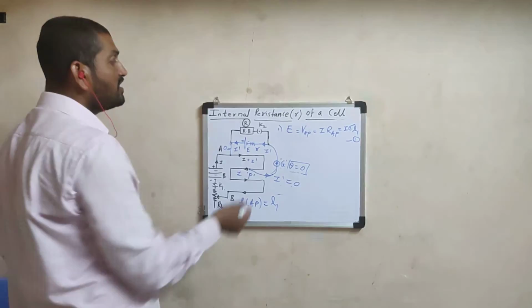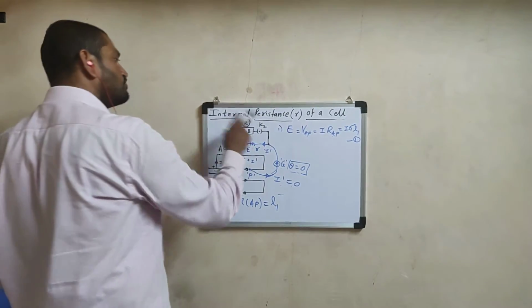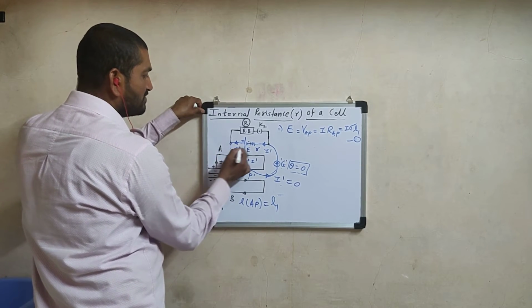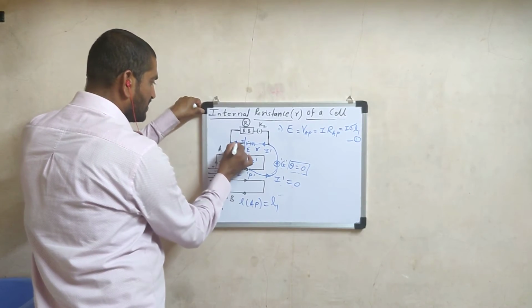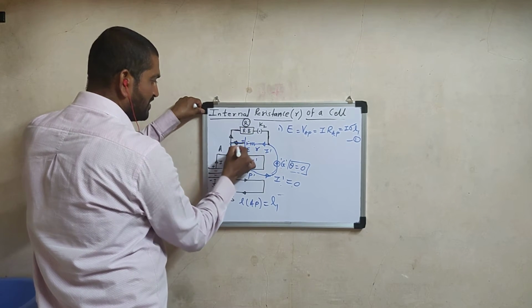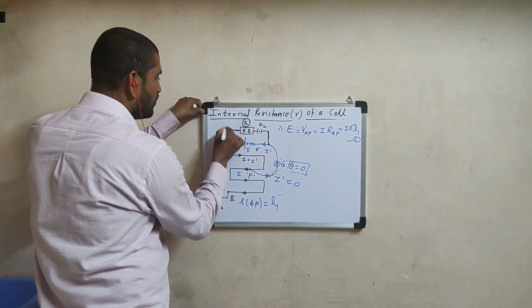Now you tell me, when key K2 is closed, what happens? K1 is already closed, and now K2 is also closed. In that case, this I dash will be divided into two branches, meaning the current drawn from this cell has some part flowing on the lower side and some part on the upper side. So this is I1 dash and this is I2 dash.